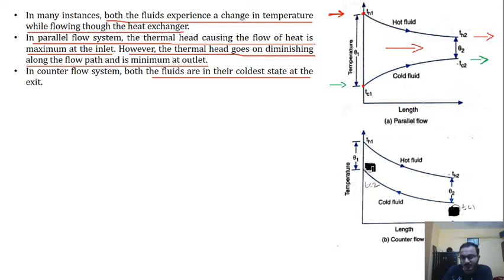So these two things are printing mistakes here, and this value will be here TC1 and here it is TC2.